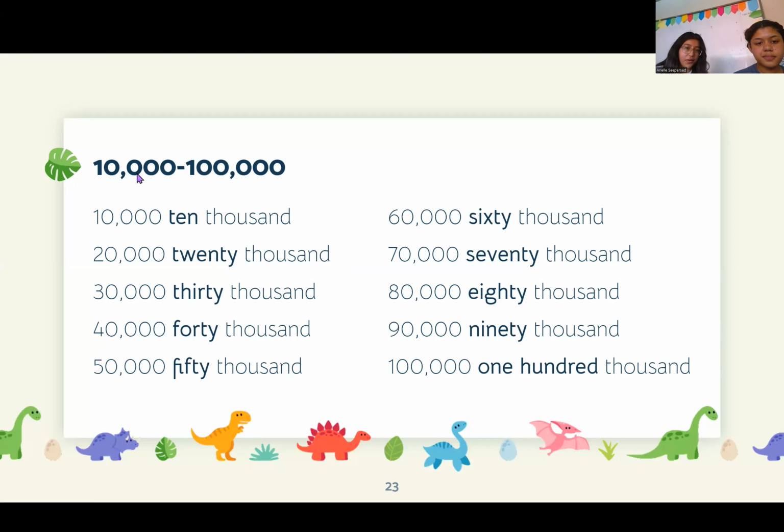So 10,000, 20,000, it'll always follow that pattern. So 10,000, 20,000, 30,000, 40,000, 50,000, 60,000, 70,000, 80,000, 90,000, and 100,000. That one's the bigger one in 2 chunks. So it has the 100 and add on 1,000.